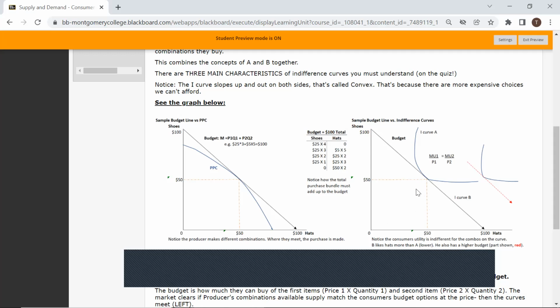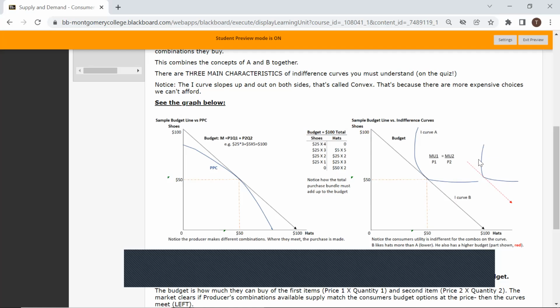This is what this consumer chooses. You could have an I curve way over here. And what does that mean? That's unaffordable on your budget. But you see this red line, there may be a richer person who has a higher budget. It's further out, which means more dollars in both directions. So it's further out, further up and further over. So further up means more shoes, further over means more hats.